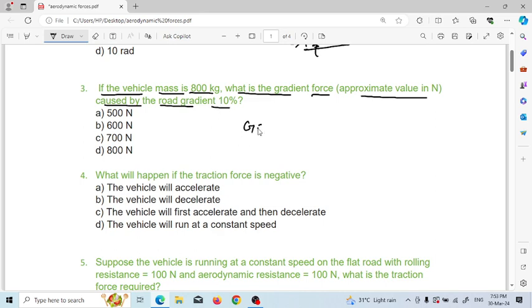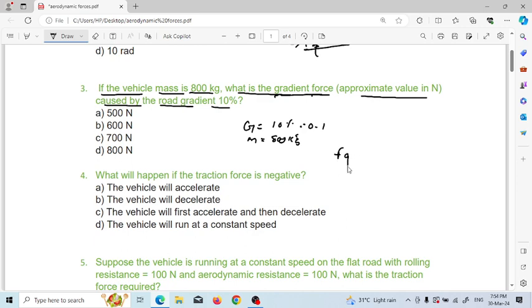So G is equal to 10%, which is equal to 0.1, and the given mass is 800 kg. Then we have to find the gradient force.